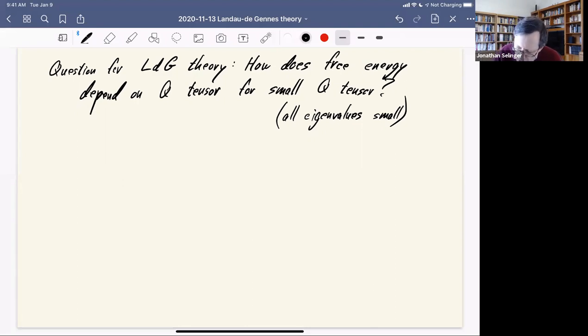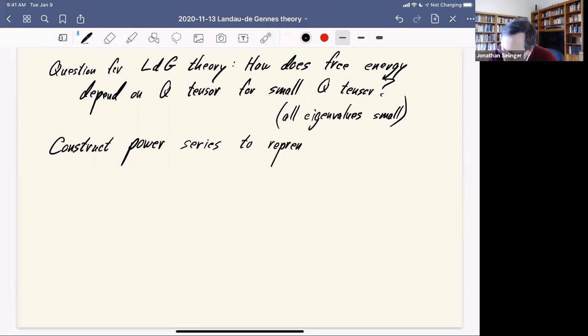So let's construct a power series to represent the free energy in a way that is a smooth function that has all the right symmetries. We have our constraints of smoothness and symmetry.